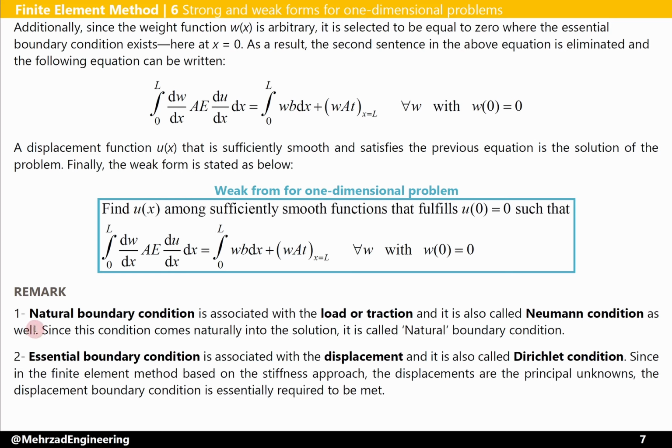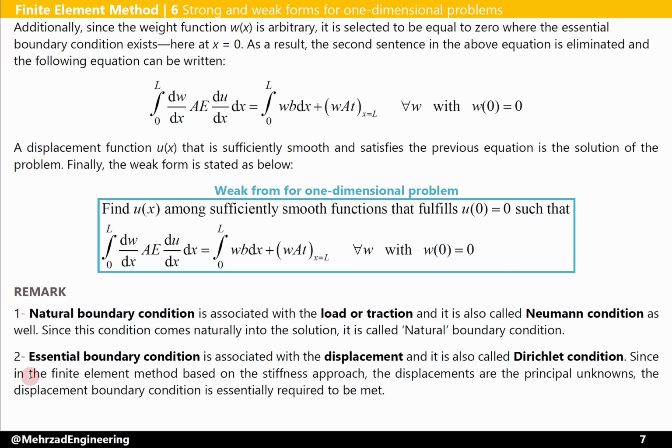1. Natural boundary condition is associated with the load or traction, and it is also called Neumann condition. Since this type of condition comes naturally into the solution, as we see in the process of the solution, it is called natural boundary condition. Second remark, essential boundary condition is associated with the displacement, and it is also called Dirichlet condition.